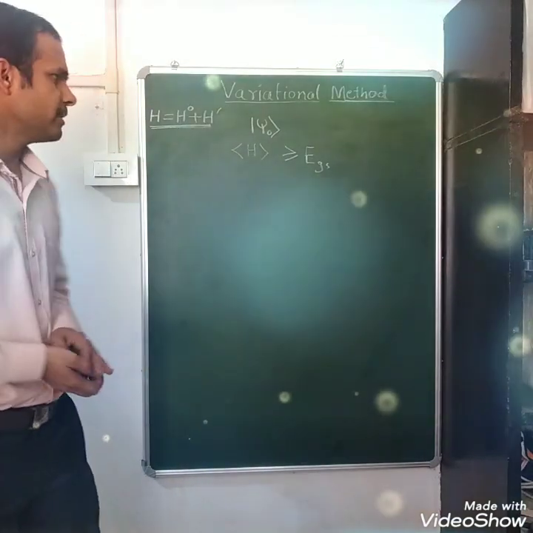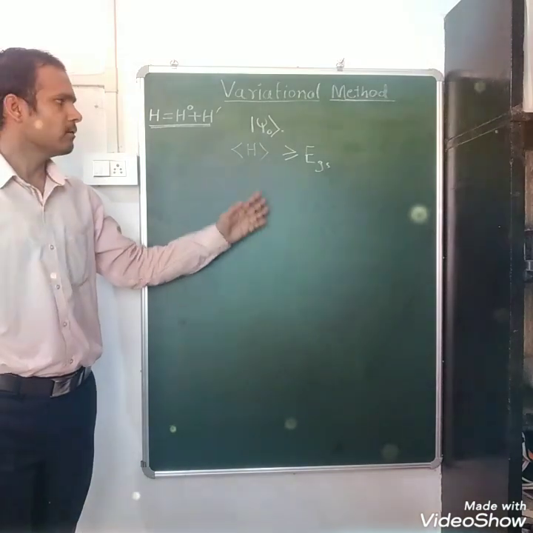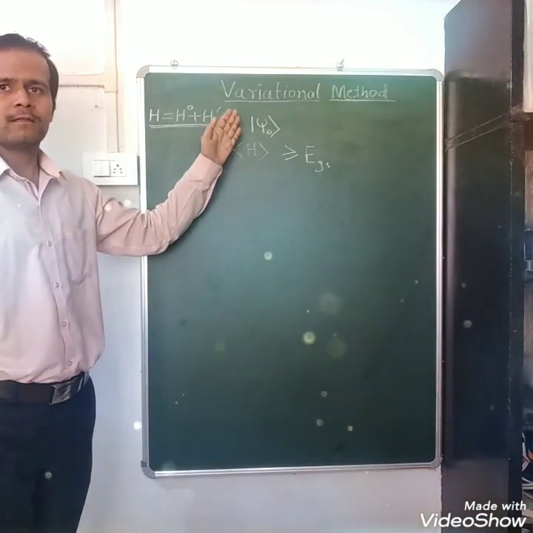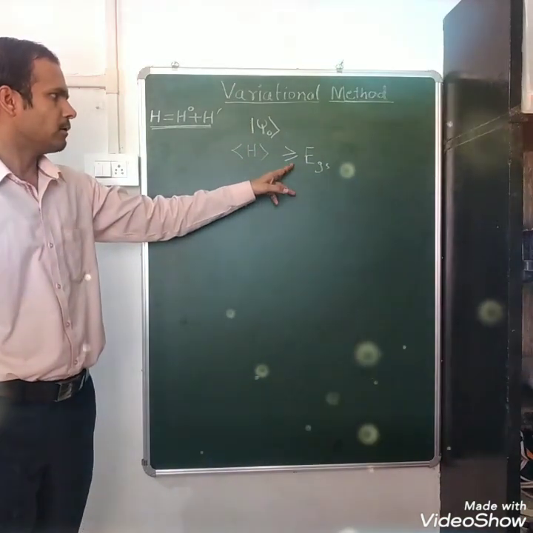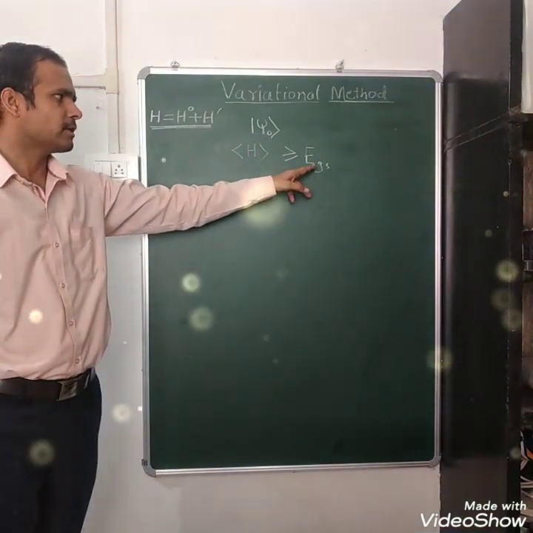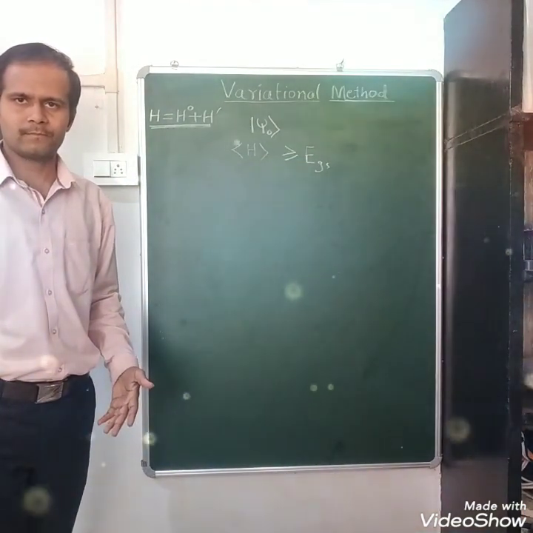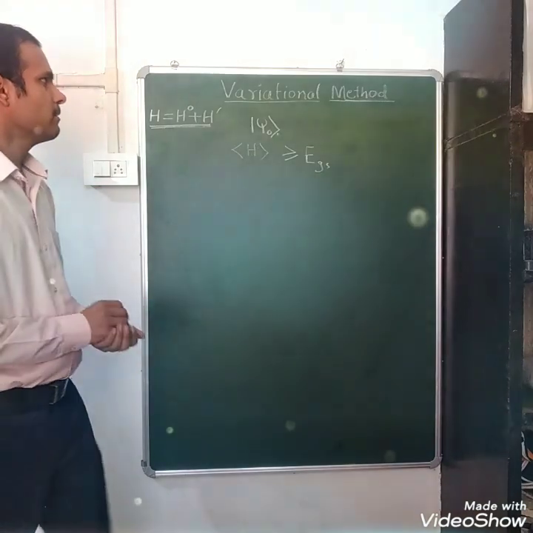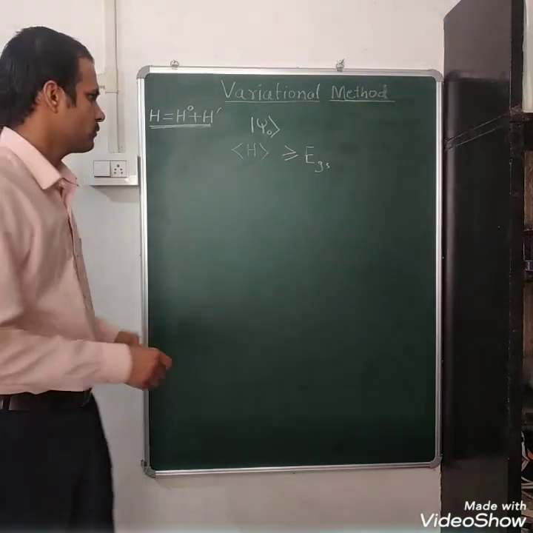This is the basic principle of the variational method. Again I will repeat: the expectation value of the Hamiltonian with respect to the trial wave function is equal to or greater than the ground state energy of the true state.